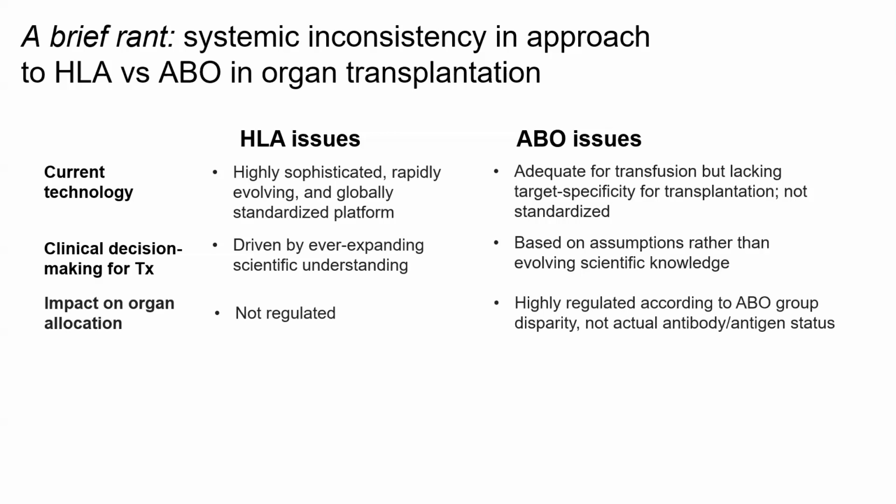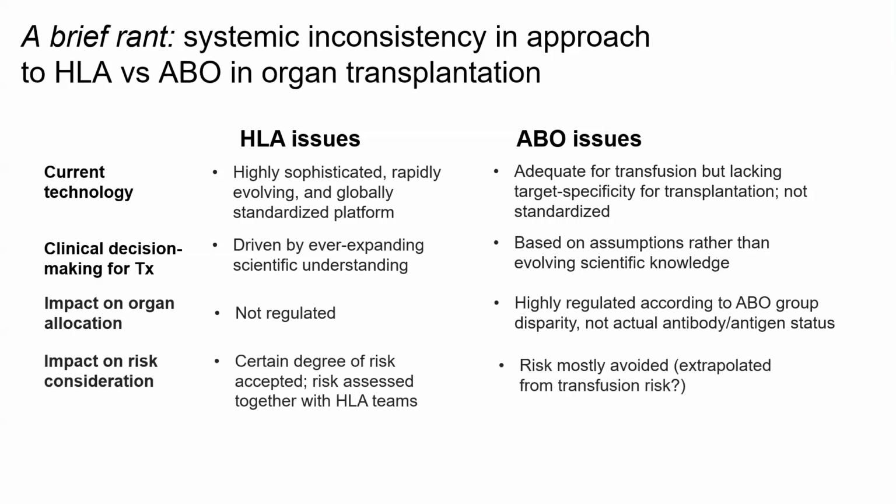The impact on organ allocation for HLA is not regulated at all. Nobody's going to come to your transplant program and say, you can't do that transplant in that highly sensitized patient. Whereas for ABO, it's highly regulated. Organ allocation is highly regulated according to ABO blood group disparity, not on any actual measurement.